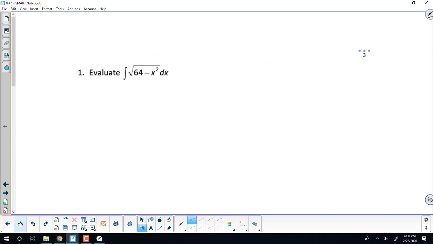Okay, so let's look at something like this. I think it is worth mentioning, if this were a definite integral that you had to evaluate, sometimes you can figure it out using geometry, sometimes not so much.